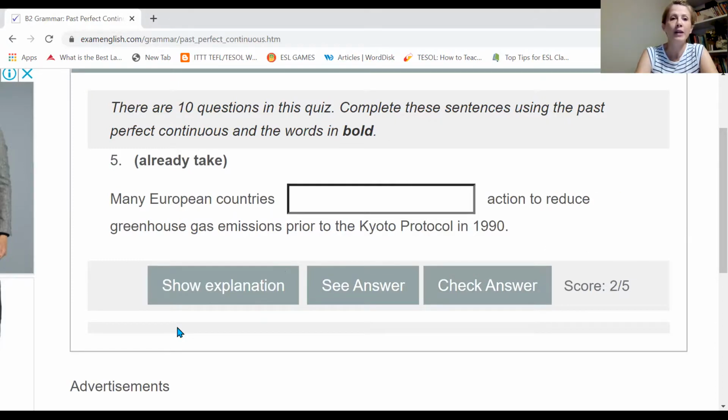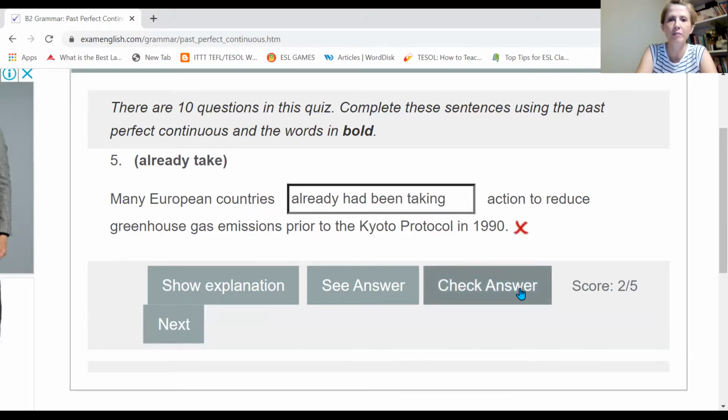Many European countries, blah, blah, blah, action to reduce greenhouse gas emissions prior to the Kyoto Protocol in 1990. Many European countries, what do we say? First, I hear already had been taking. Oh, there's a little typo.